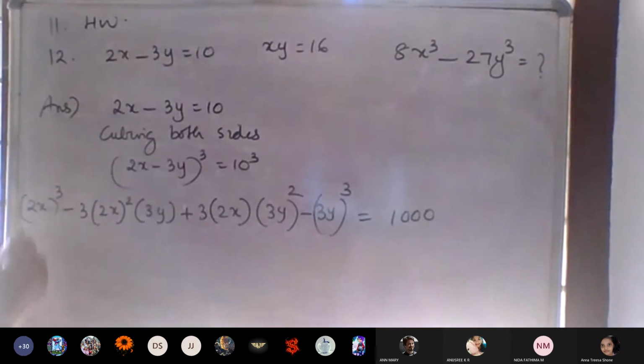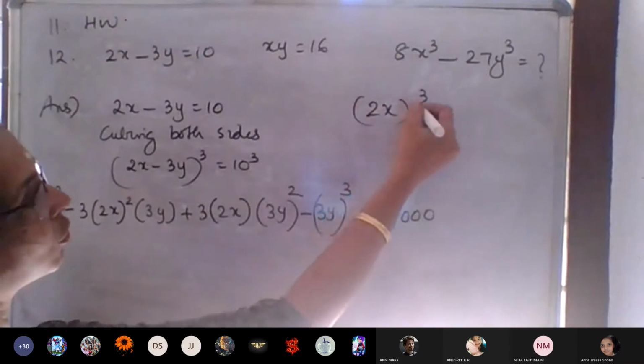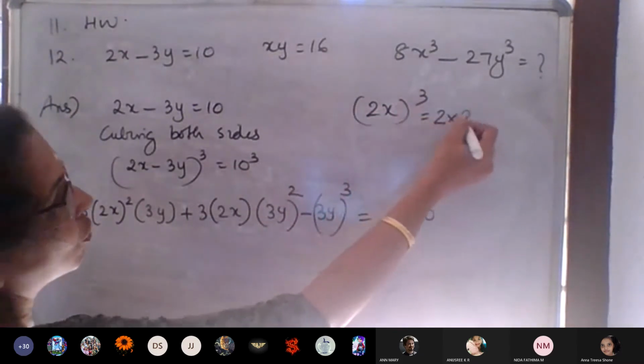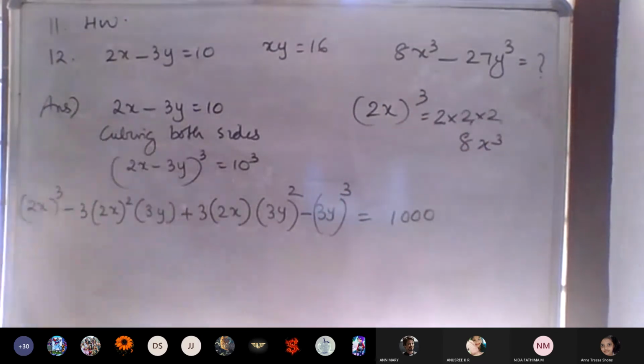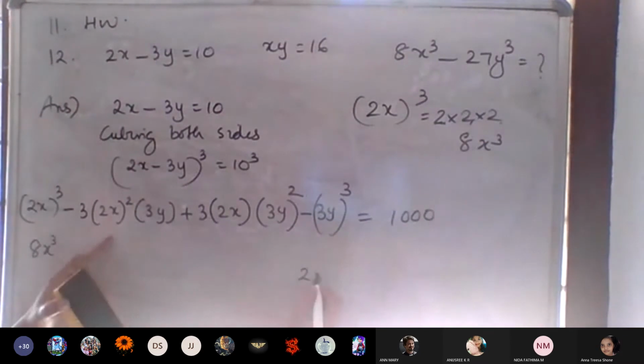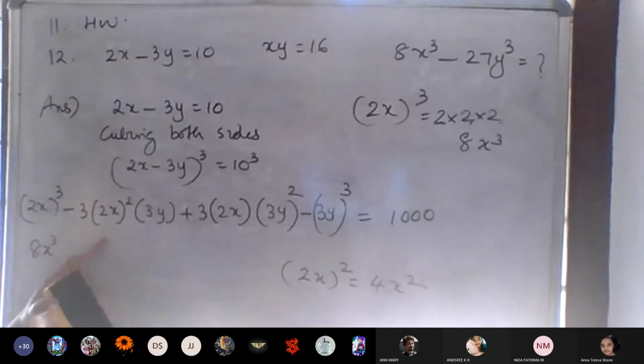Then simplify. If you don't know, please do it in the working column. 2x the whole cube means 2 into 2 into 2, 2 into 2 is 4, 4 into 2 is 8, 8x cube. So directly we can write 8x cube here. Then take this: 2x the whole square means 4x square.